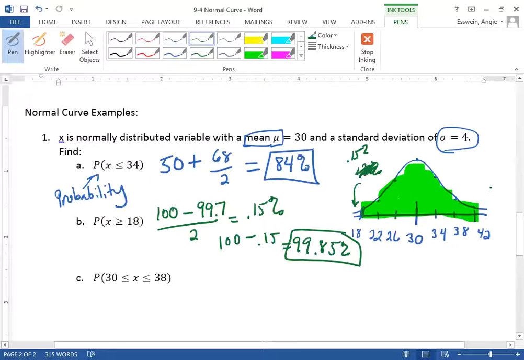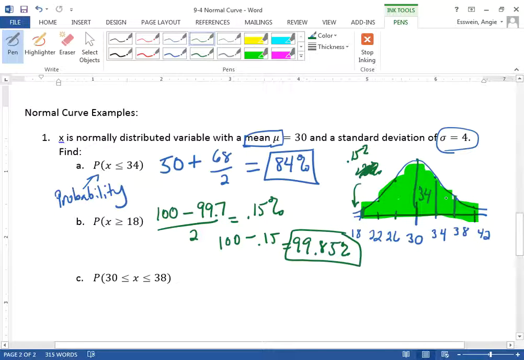Okay, last one, between 30 and 38. This should be a little simpler. So I want between here and here. So I want this piece plus this piece. So what would I do there? So you know this is 34, right?